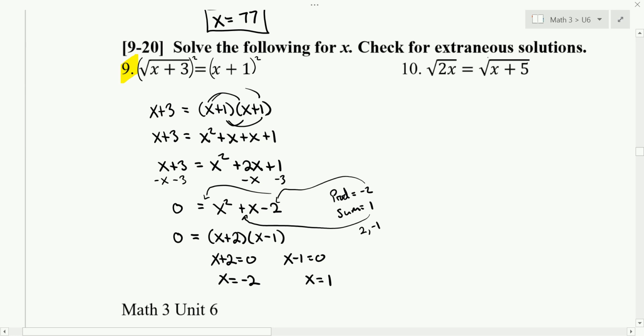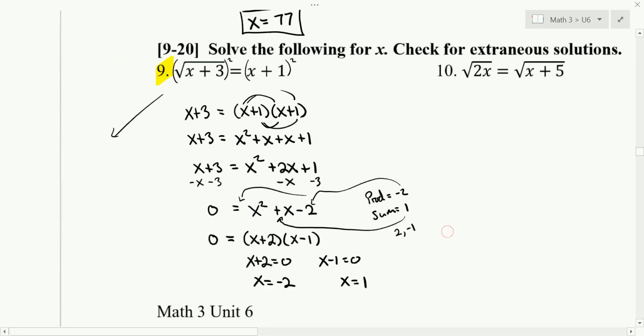So if we go back to the original and check x equals negative 2, we get the square root of negative 2 plus 3 equals negative 2 plus 1, which would be the square root of 1 equals negative 1, and that's false.